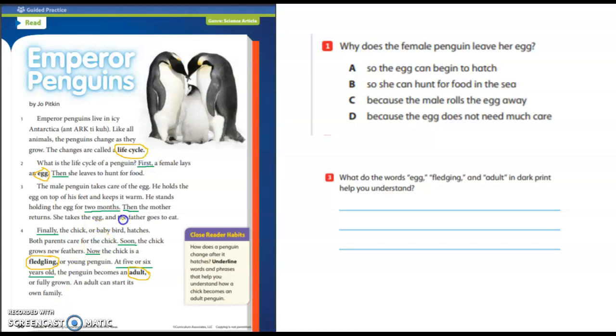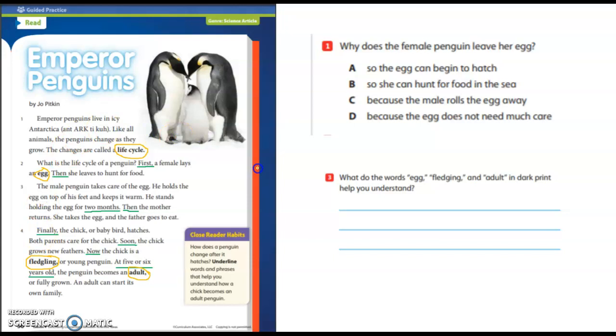Soon the chick is a fledgling. That's the next step of the life cycle. And then in the end, the emperor penguin is an adult. So at 5 or 6 years old, the emperor penguin's an adult. So these key words are showing us the steps of the emperor penguin's life cycle. And that's why they're in bold, because they are very important words to the text.